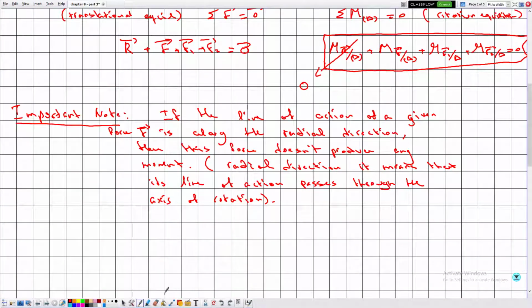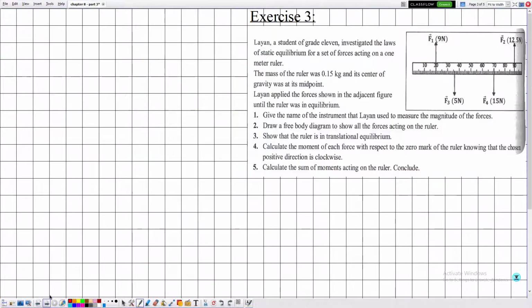So let me make it clear, let me highlight it. If the line of action of a given force is along the radial direction, then this force doesn't produce any moment. Okay, so this is extremely important. We will refer to it several times during the exercises.